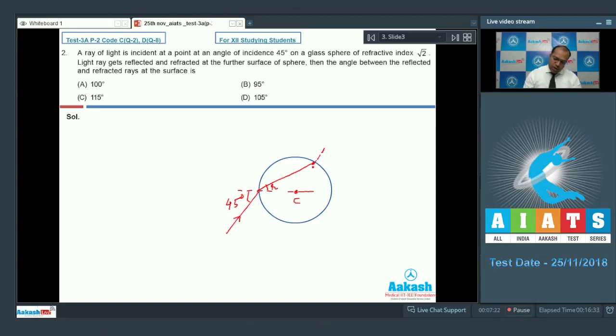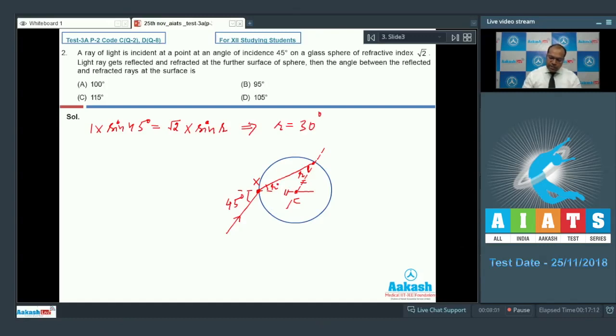If I draw the normal, since these two lengths are equal, this is also R. Applying Snell's law at point X, 1 into sine 45 degree is equal to mu, the refractive index of the glass sphere, that is root 2 into sine R. On solving, the value of R comes out to be 30 degree.